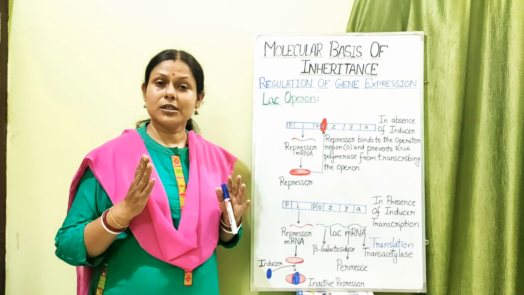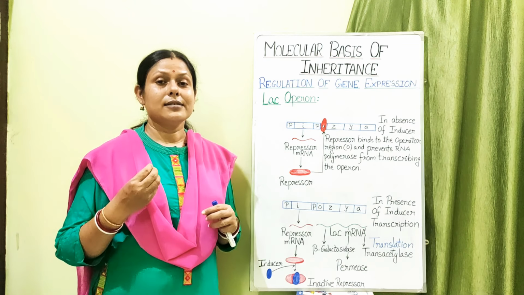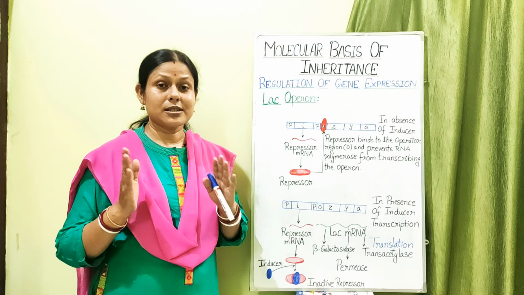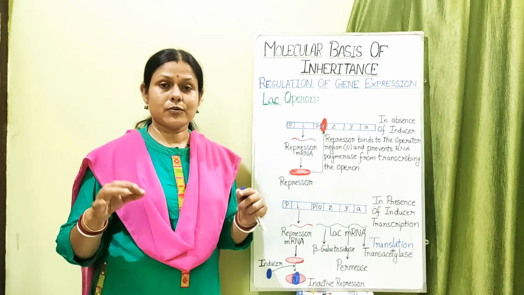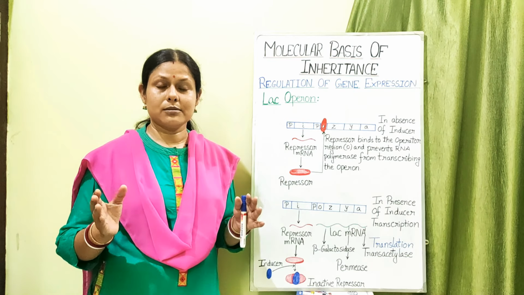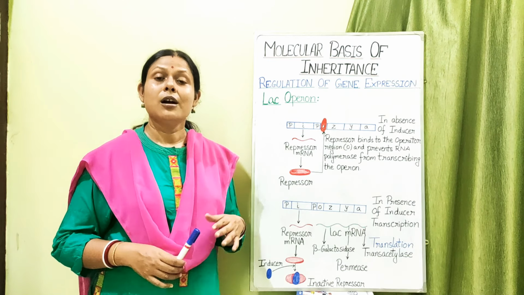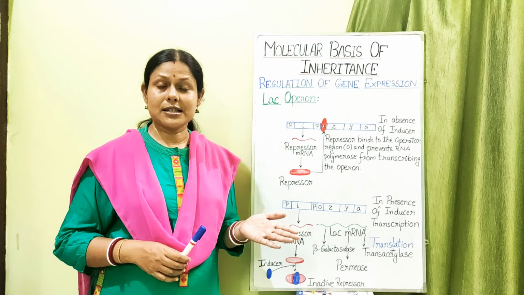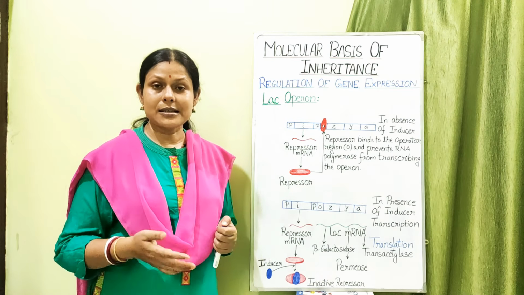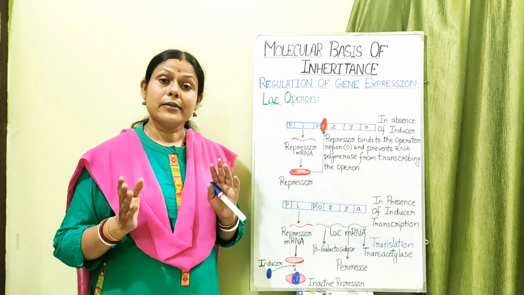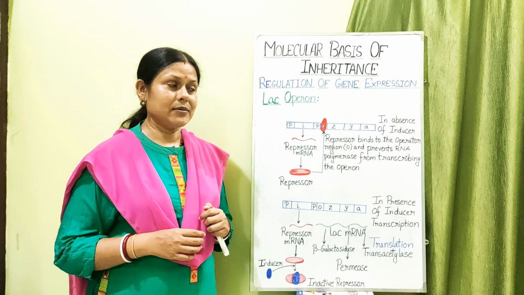After the termination codon there is a flank having some base pairs, and before it too there is a flank, which is not at all being translated into any protein. So regulation is at the translational level also.